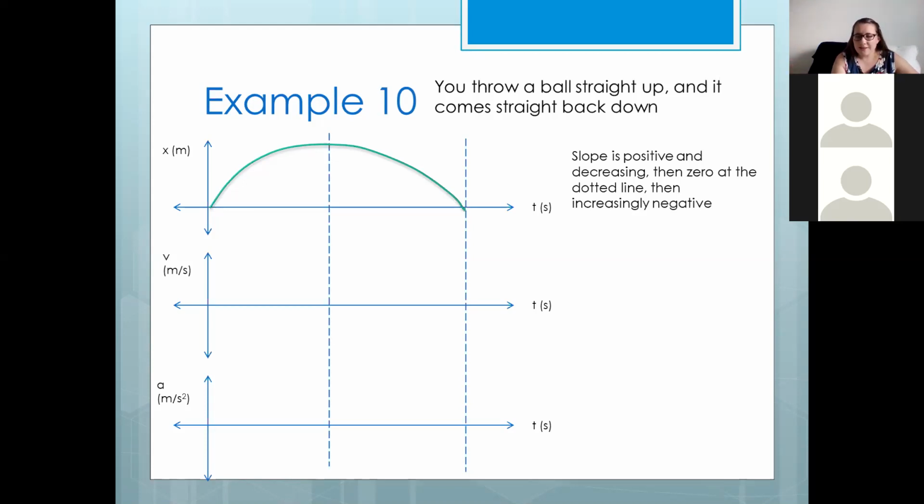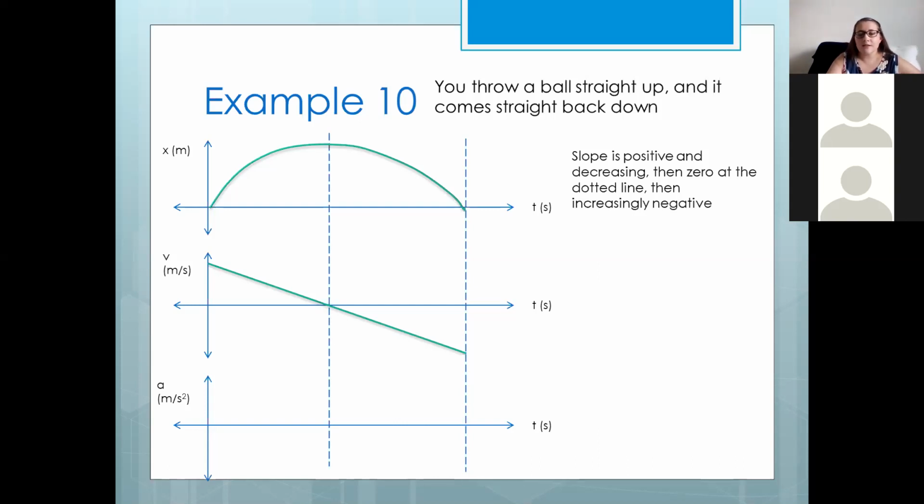How do we draw that in terms of velocity? Well, something like this. We're starting with a positive velocity, but it's decreasing. So our velocity curve goes down, crosses 0 right there at the dotted line where our ball is changing direction, and then gets increasingly more negative. So when we have an actual curve as our position graph, we'll end up with a diagonal line as our velocity graph.